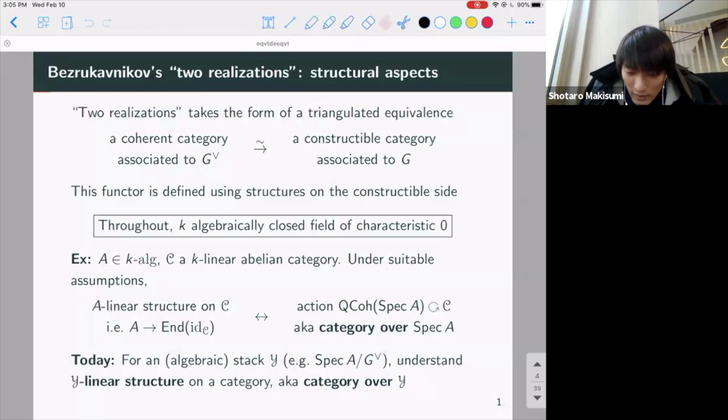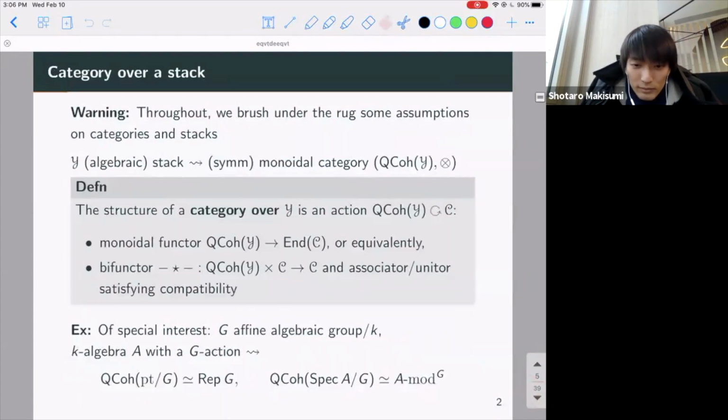I want to say more generally later today what it means to have a linear structure for a stack, not just Spec A. I really don't want to worry so much about some of the assumptions on my categories and stacks throughout this talk, so sorry about that.